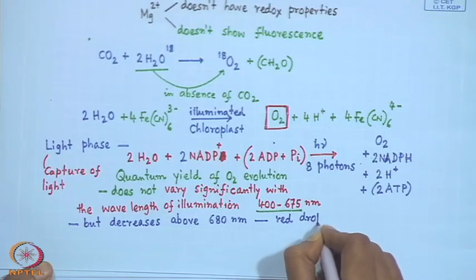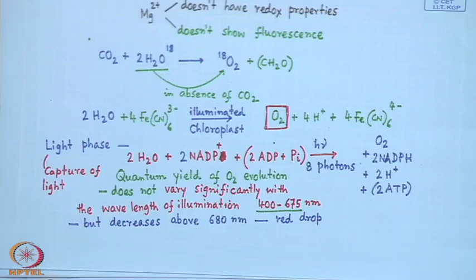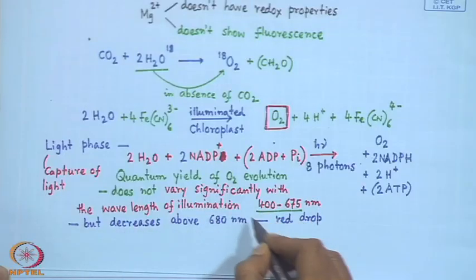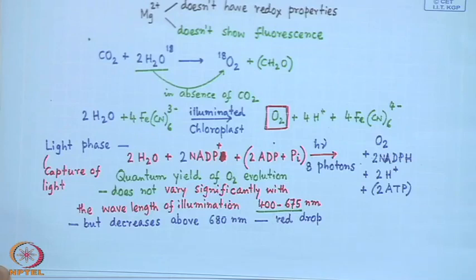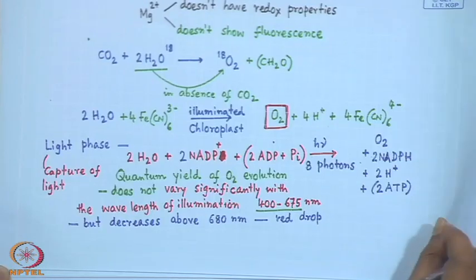So, there is a drop in quantum yield if you go above 680 nanometer. That immediately gives us some clue, because we started our discussion with the knowledge that you have two systems, the photosystem 1 and the photosystem 2. One we can activate below 680 nanometer and another above 680 nanometer. That means this is the borderline where one is for photosystem 1 and another is for photosystem 2.